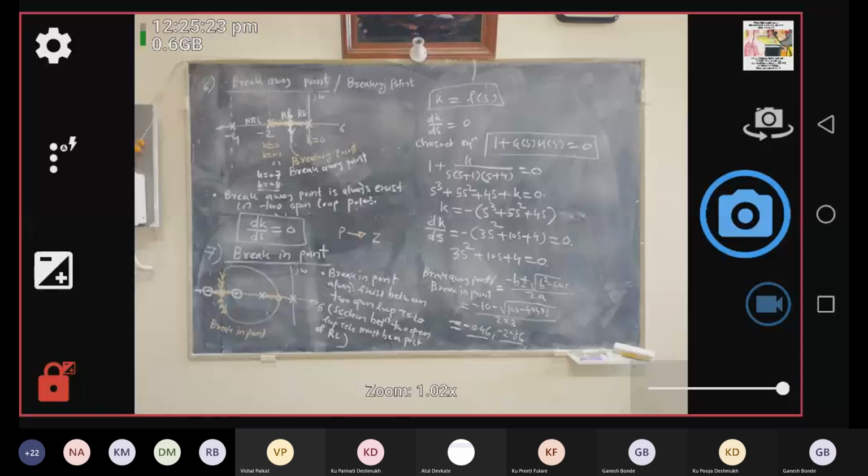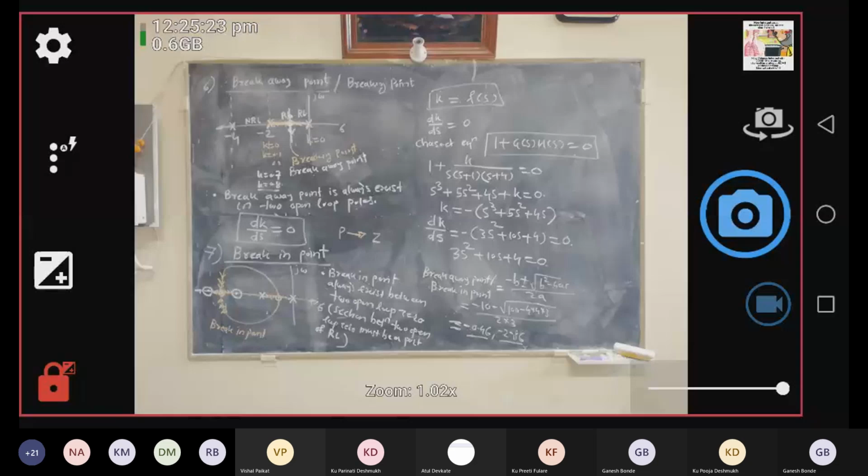Okay. Then second, angle of arrival at a complex zero. It will be denoted by phi a.